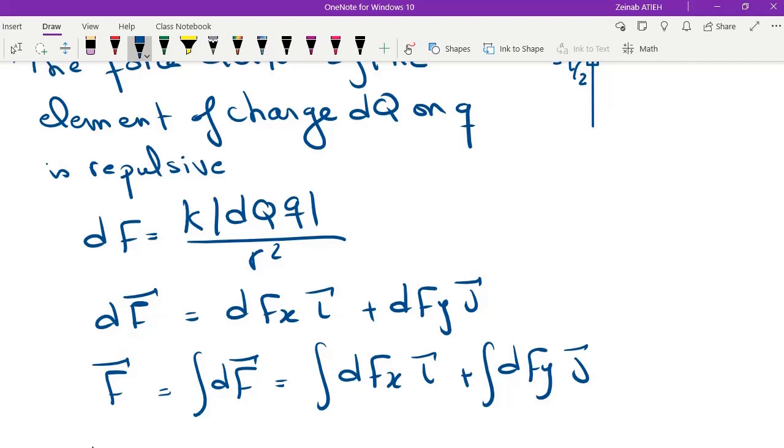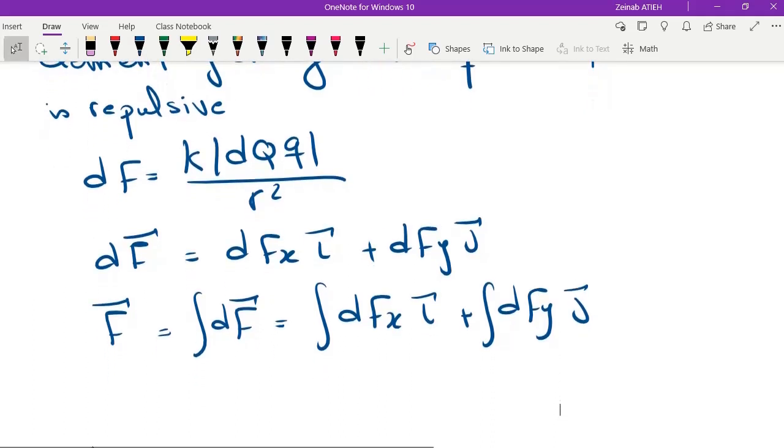Okay, so my job now is to find df, which is dfx i plus dfy j. I can solve dfx on its own and dfy on its own. After I get dfx and dfy, I integrate dfx, so I get Fx i, and I integrate dfy, so I get Fy j. So Fx and Fy are the horizontal and vertical components of the force F, which is the total force exerted by the rod on Q. Okay, my job now is to find dfx, integrate to get Fx, find dfy, integrate to get Fy.